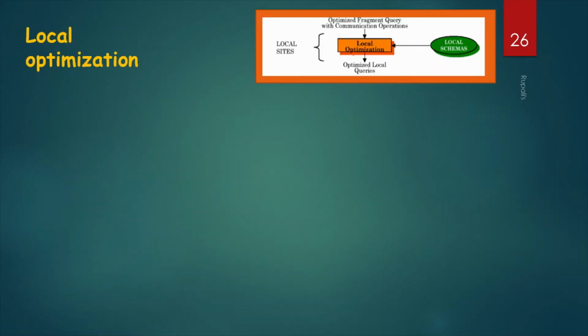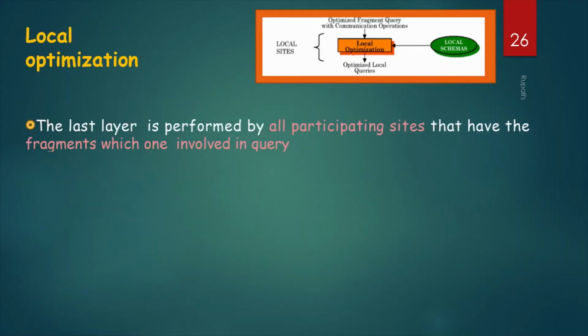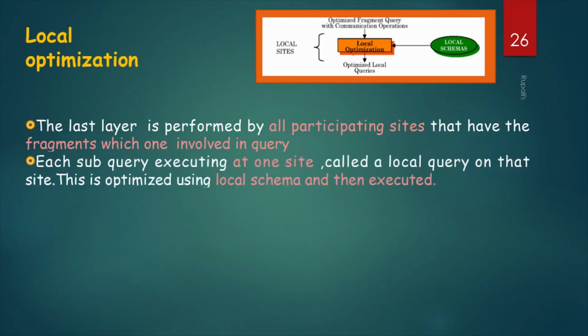The last phase is local optimization. Here, those fragments that are involved in the query are considered. Means when the query is written, we get the answer from particular fragments and those fragments are stored in different sites. So those participating sites are involved. Here each subquery executing at a particular site is called a local query on that particular site.